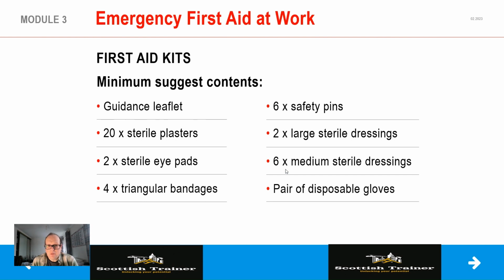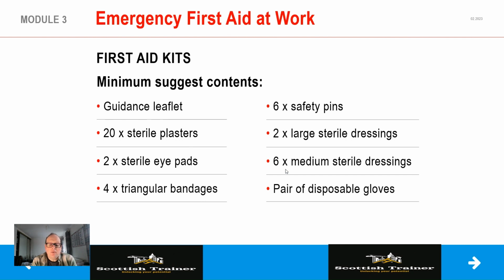That is the minimum standard. A lot will have a lot more in there than that, but that is the basic minimum. Again, you should risk assess it to the risks in your particular environment and know what you use a lot of.